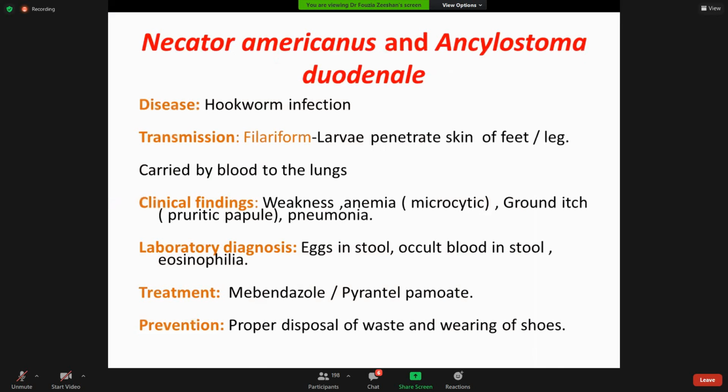Necator americanus and Ancylostoma duodenale. These parasites basically cause dual infections. They enter through the penetration of the skin of the feet or leg, and they enter directly into the lungs. After that, they reach the GIT tract, and these larvae are filariform larvae, right?